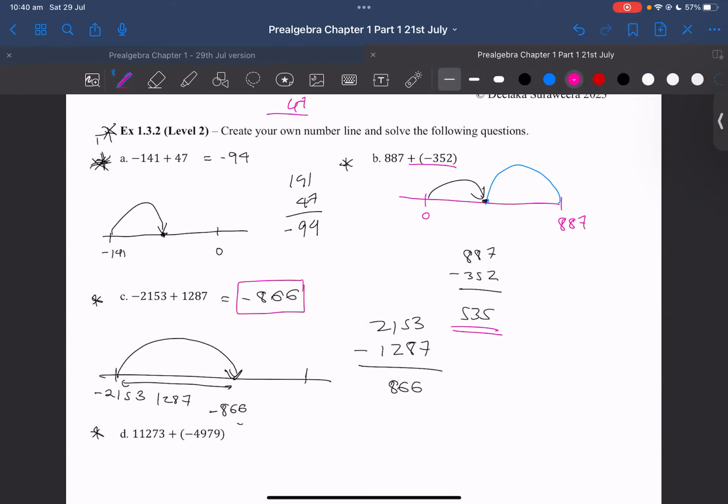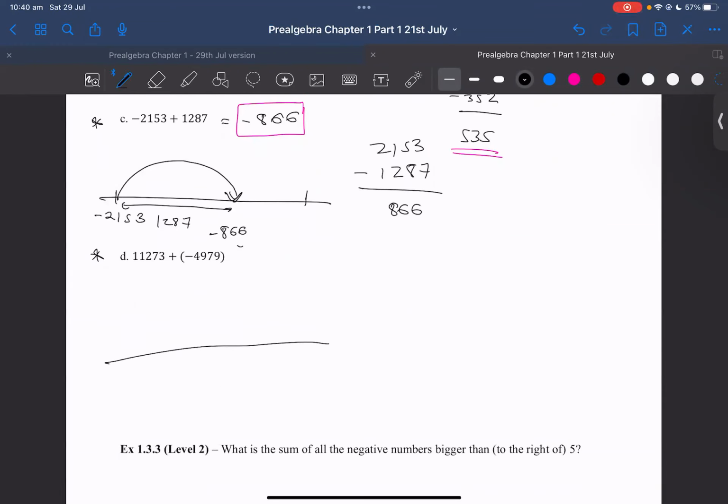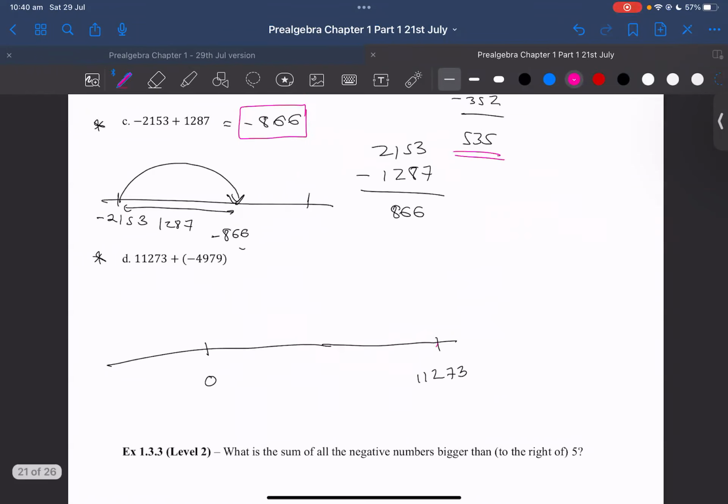All right, very good. And then finally for D, right? I didn't do D. It seems hard. It's just a subtraction in the end. You just start off all the way up there at 11273, and then you go left by a smaller number, just 4979. So you're only going to go around somewhere here.